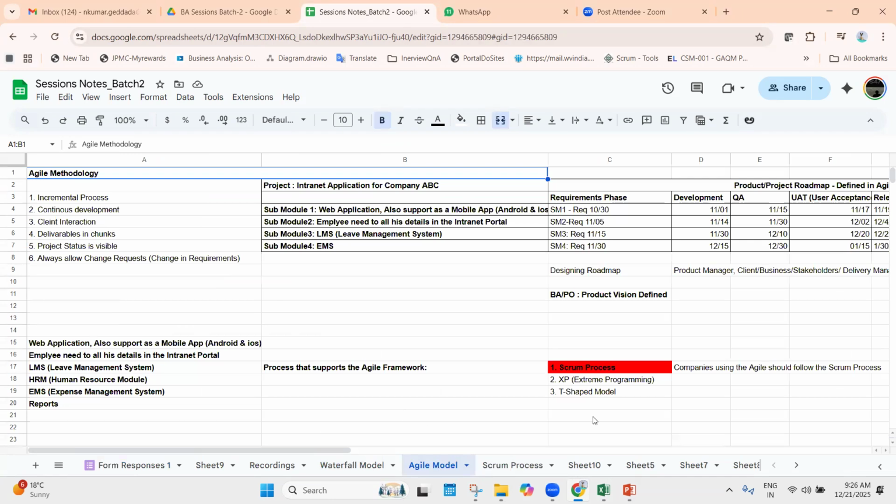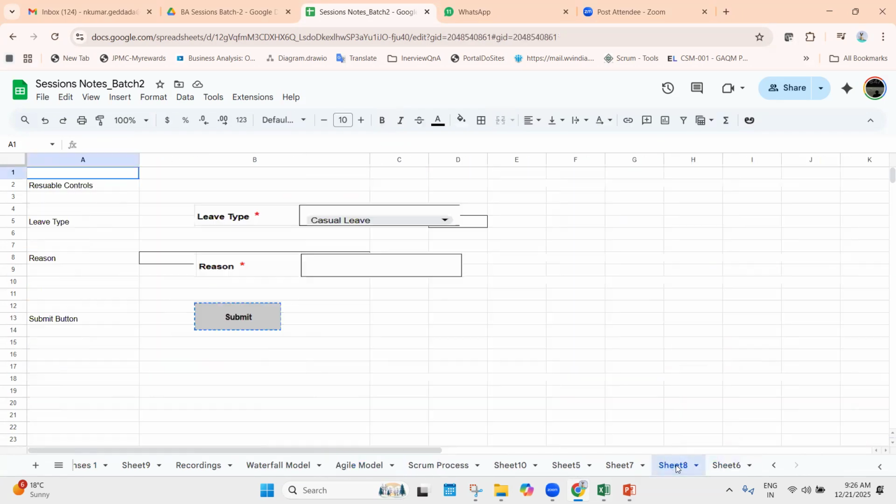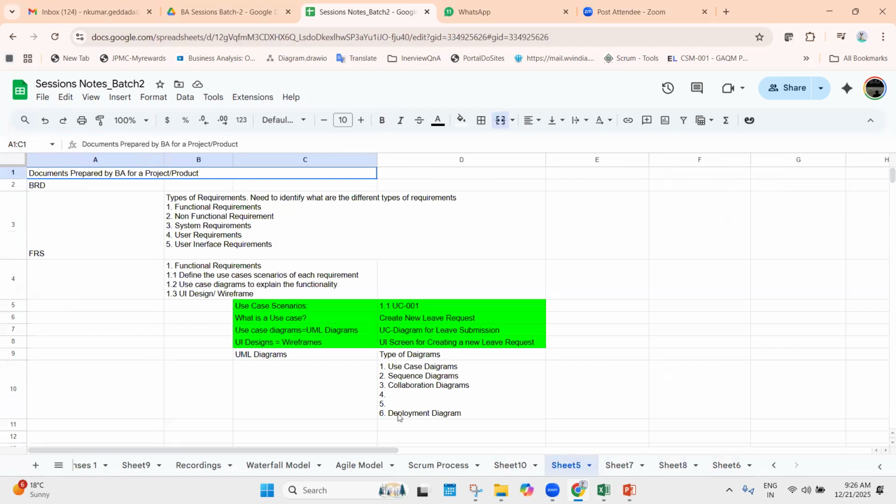I think in the last session, when we discussed the Scrum process, we discussed the product backlog as well. So we can get that here. It won't take much time.